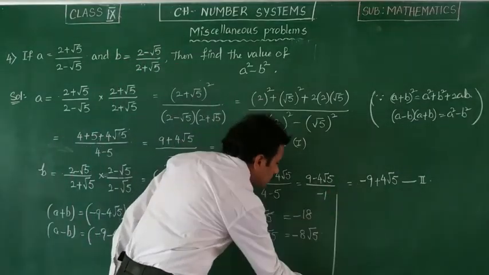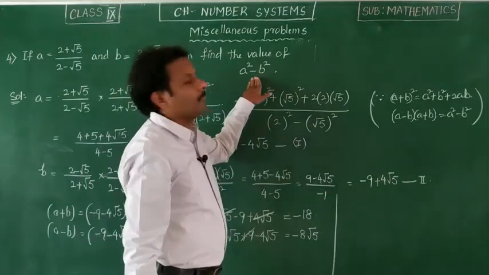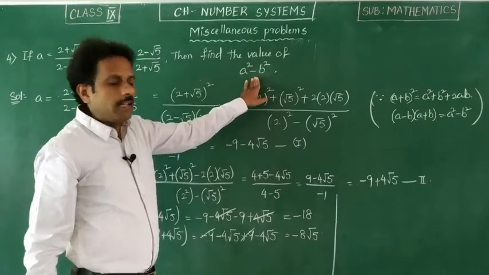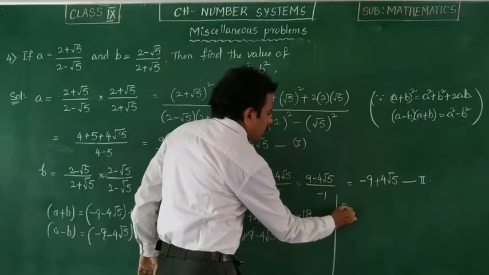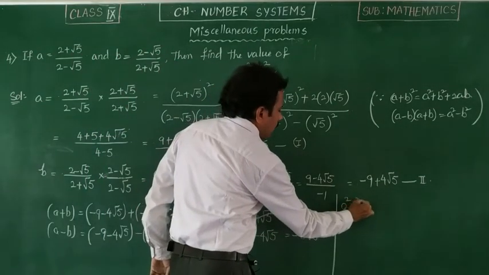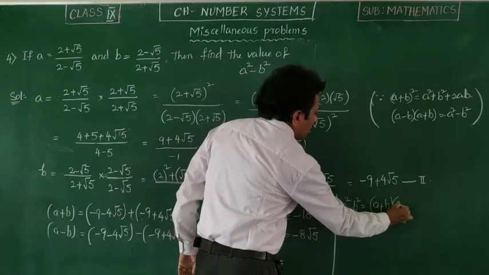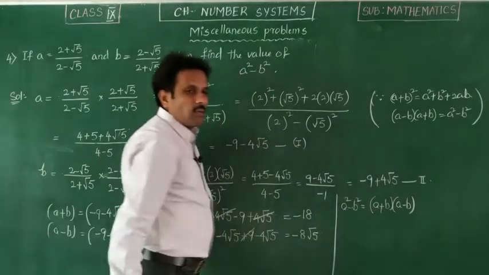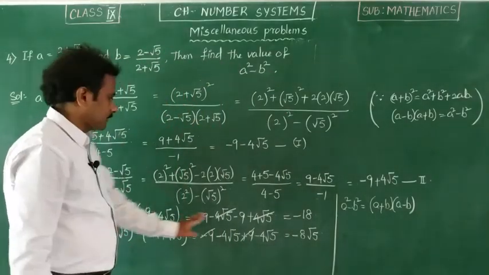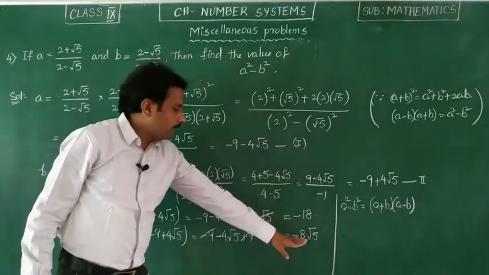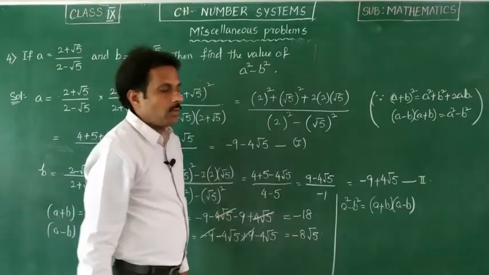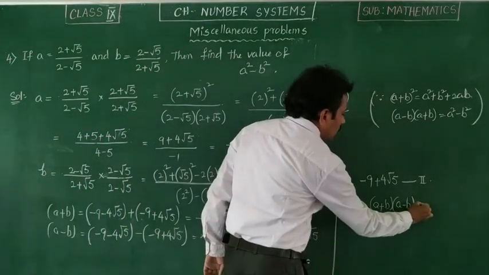Now coming to the a square minus b square part. We know very well that a square minus b square can be written as a plus b into a minus b. So what is a plus b here? That is minus 18. A minus b is minus 8 root 5. So let us multiply both.